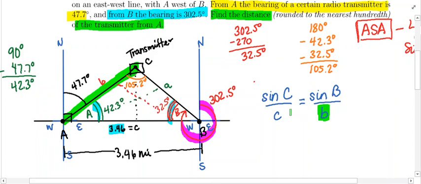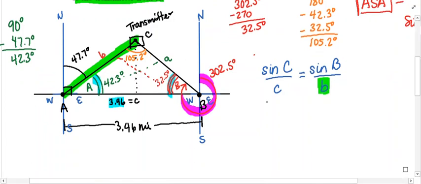Could we have used sine A over A? Let me restate this. Could we have done this? Sine of A over A is equal to sine of B over B. Well, again, this is what you're solving for. It's an unknown. We know angle A, so sine of A would be okay.